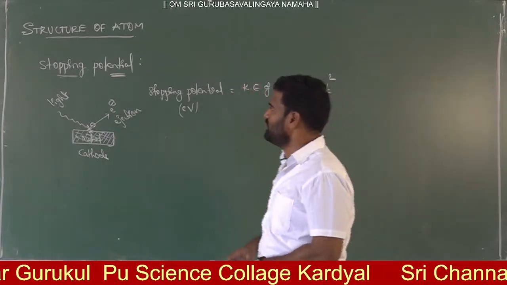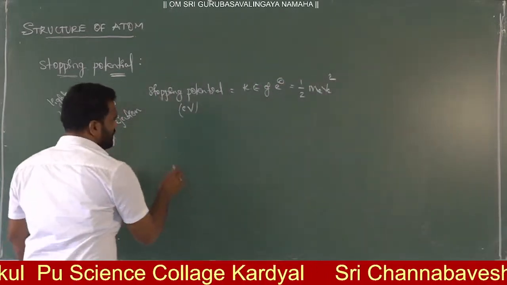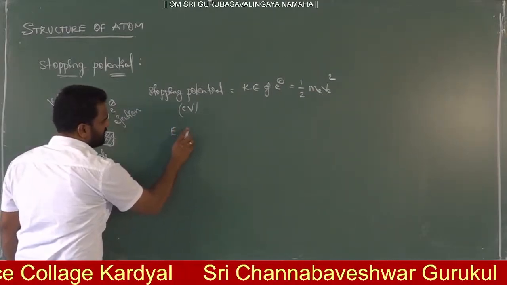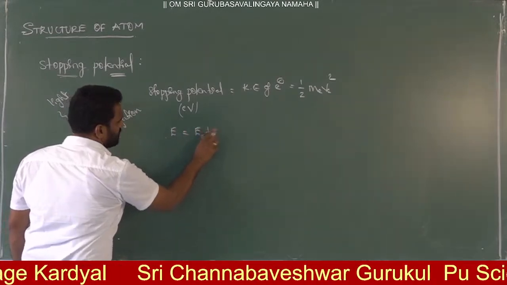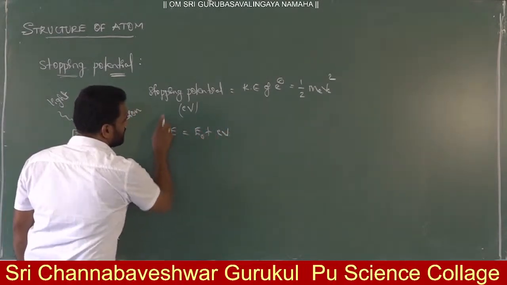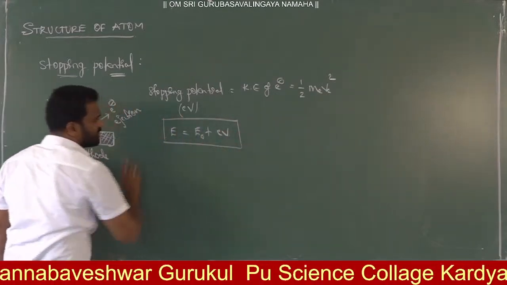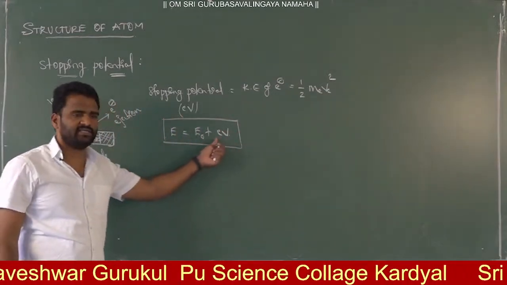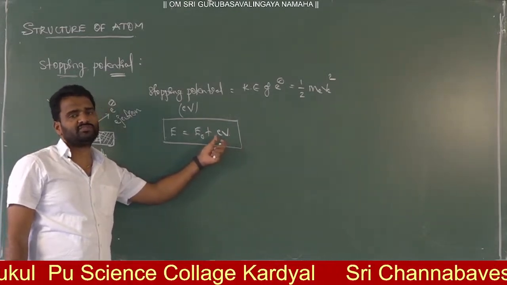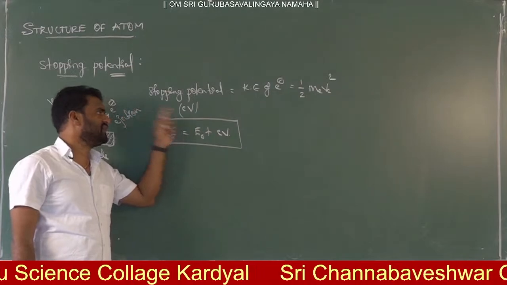Now, if I want to stop the electron, the formula we have is E equals E naught plus the kinetic energy. Here the kinetic energy can be taken as equal to the stopping potential term, eV.